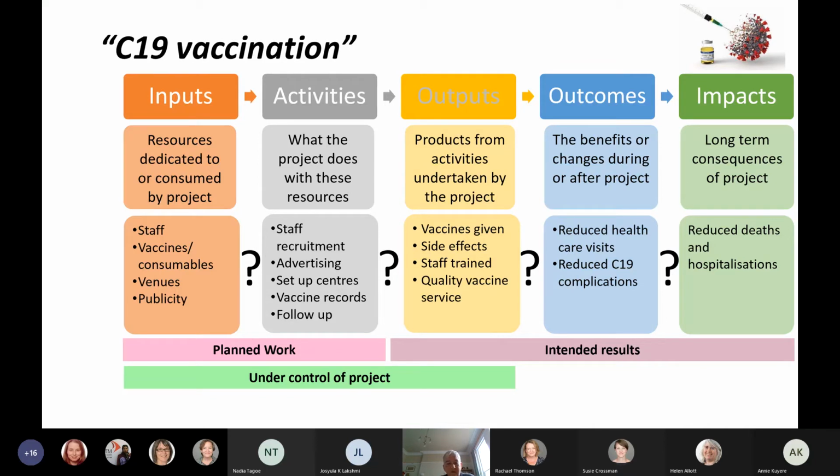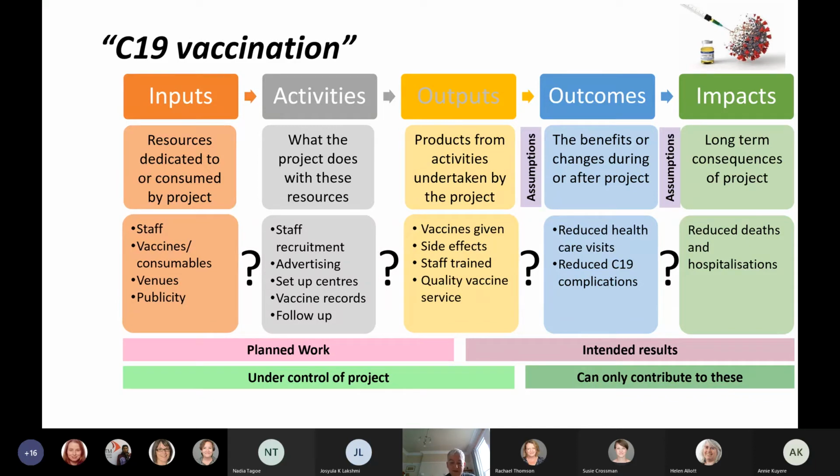Reduced healthcare visits is not something within your project. So don't put it in as a deliverable or something that the funders can measure, or that you can demonstrate to the funders that they should measure, because it wasn't part of your remit. And then you're contributing to the outcomes and impact.